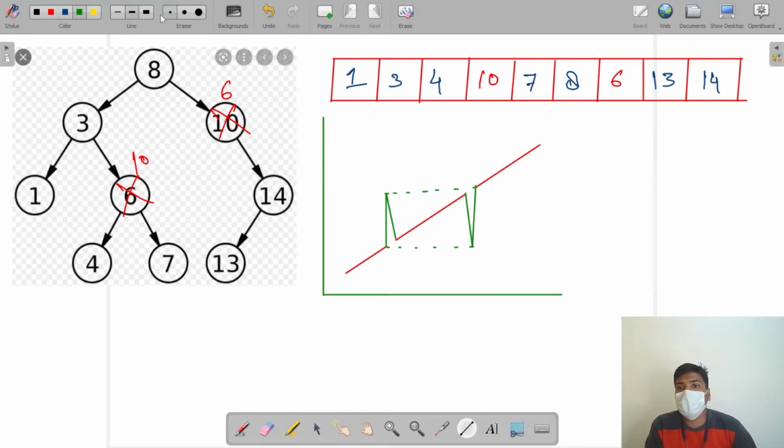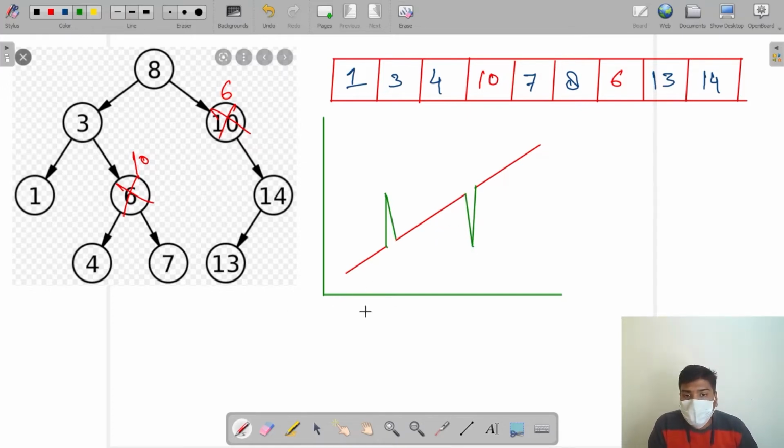Now if I remove these points and these also, this is how my graph will look when the values are replaced. So this is the graph I'll get. There is some peak and some downfall. Some peak will come and some downfall will come.